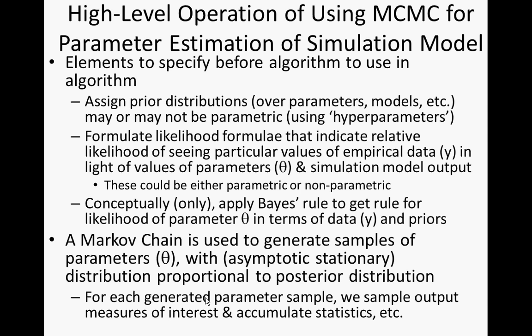And we would then have a likelihood formula, which would be a probabilistic model that would specify the likelihood that, given some particular output from the model, some particular set of cases over time, we actually get the observed number of cases that were historically observed over time. And that probabilistic model would typically involve some parameters of its own. Perhaps the likelihood a given person who develops flu symptoms will in fact present for care at the emergency room rather than convalescing at home.